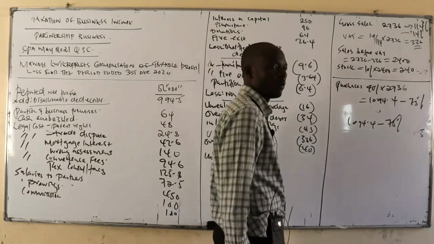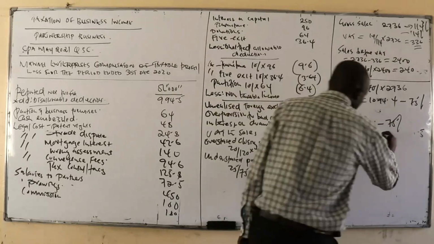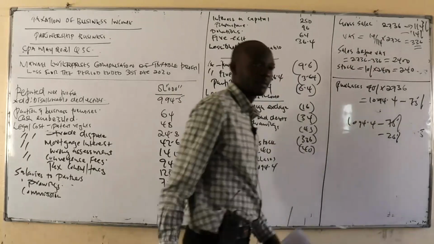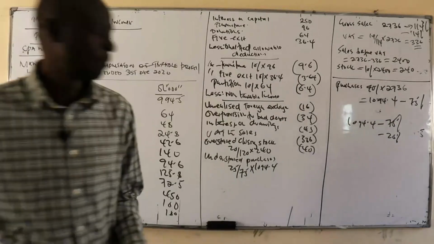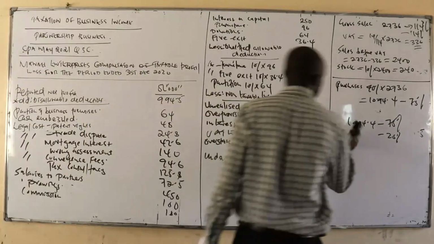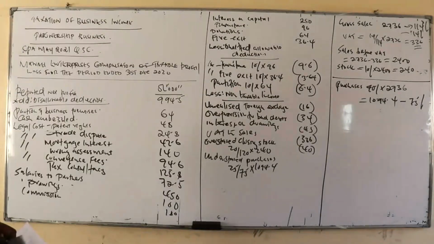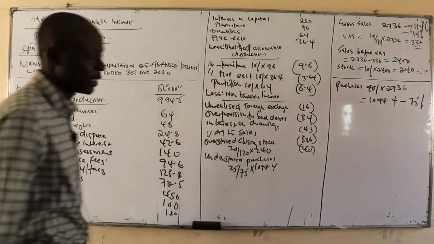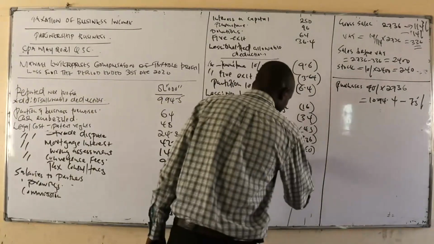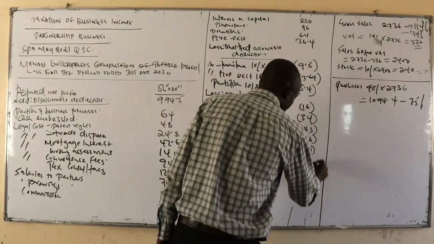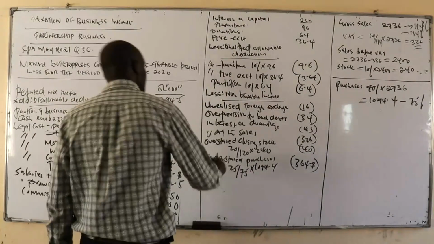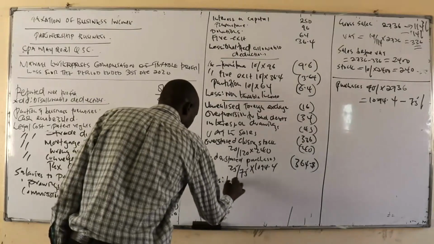It is understated by 25%, so now we are interested in knowing 25%. So how much do you get? 364.8. And then we less income from specified sources.